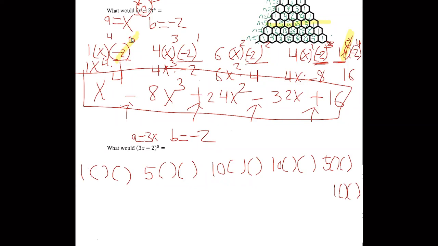So like I said, you're going to fill in your parentheses with your a and b. So 3x and -2. And this one, we're going to have to be careful with both parts when we're simplifying. Remember, your first parentheses starts with the original power, and it goes down each time.